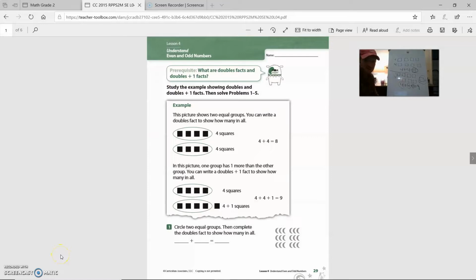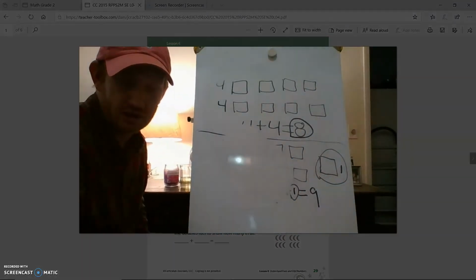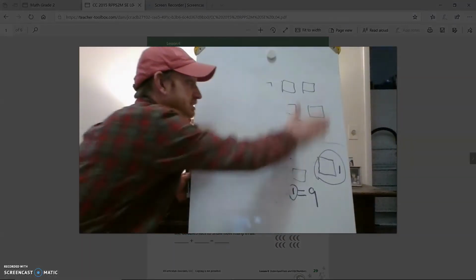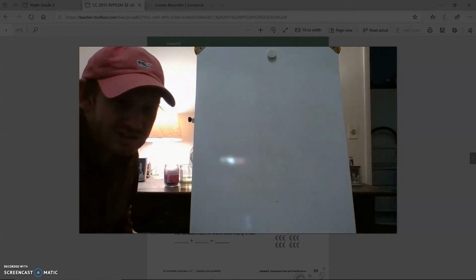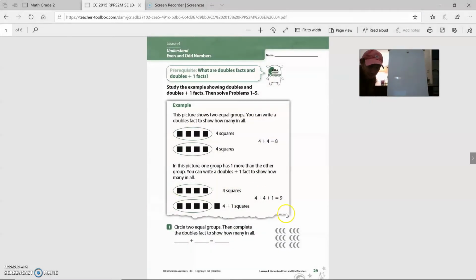All right, let's jump into our actual problems with number 1. Number 1 says, circle 2 equal groups, then complete the doubles fact to show how many in all. All right. So let's draw their picture. They draw what looks like to be little moons on the bottom.